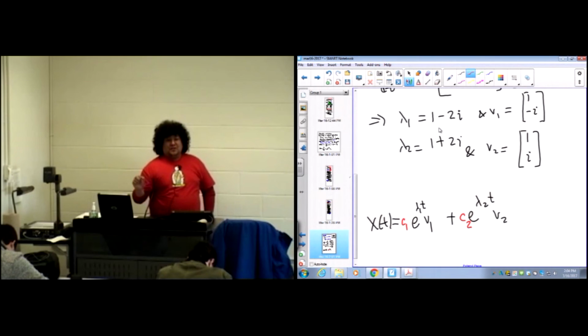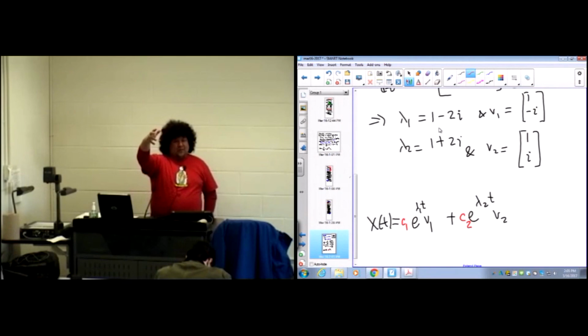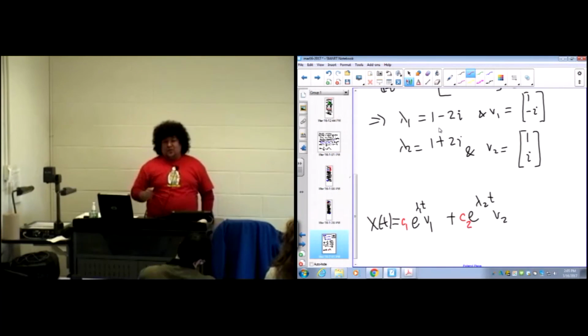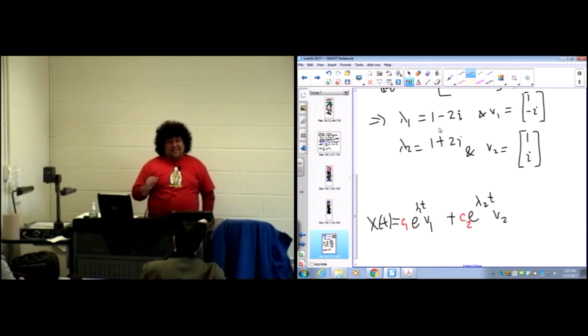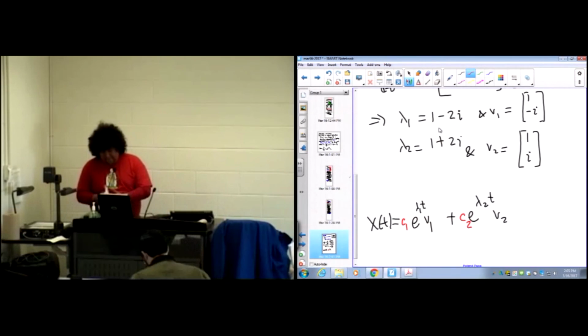Interestingly, each of these lambdas has non-zero real part and non-zero imaginary part, so each will require us to use Euler's equation. When we say e to the lambda 1 t, we end up with cosine of 2t plus i sine of 2t and so on. They get interesting rather fast.